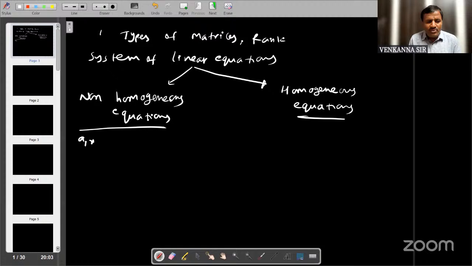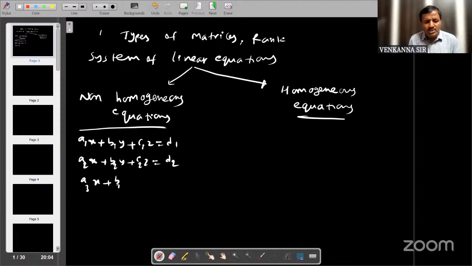Non-homogeneous is a1x plus b1y plus c1z is equal to d1, a2x plus b2y plus c2z is equal to d2, a3x plus b3y plus c3z is equal to d3.